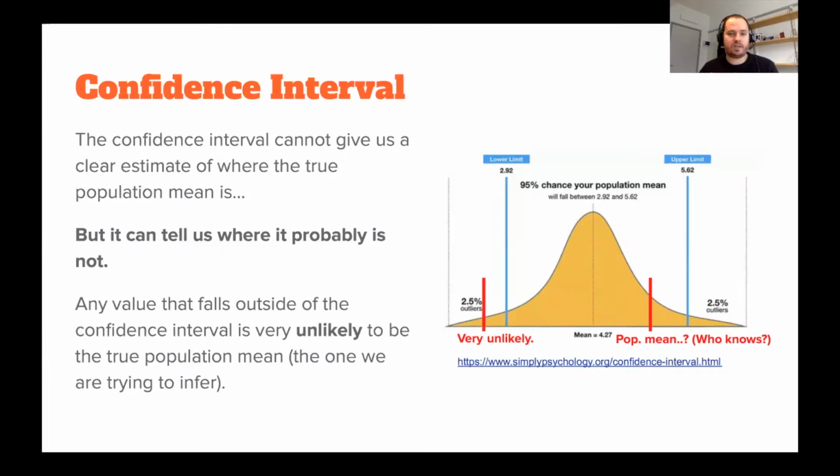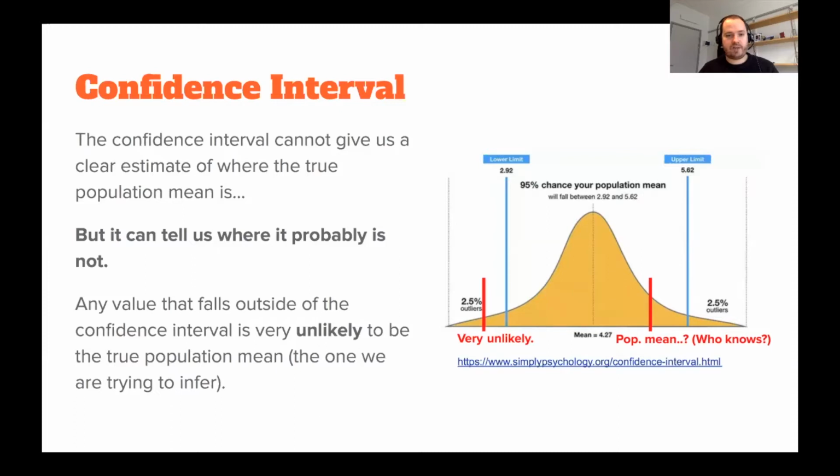So we know that it is somewhere in between two different values based on how many standard errors they are away from the center of the distribution, right? So the farther away, the less the probability that something happens. However, what it cannot tell us is where it is, but it for sure can tell us where it probably is not.